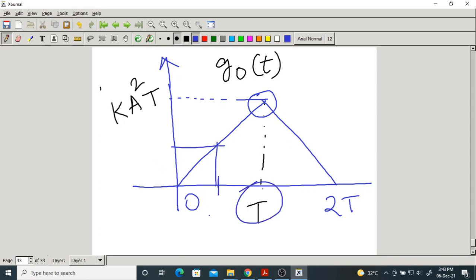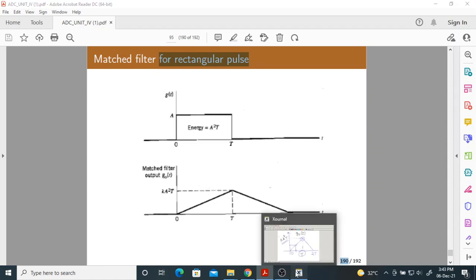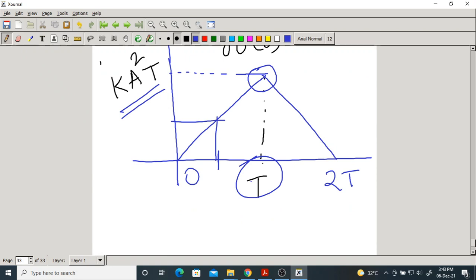So when you sample the signal at capital T, you get maximum energy of the signal, that is k into a square T in case of rectangular pulses. Is it okay? So that is the reason why we get a maximum SNR. So we sample at T to get the maximum signal power.